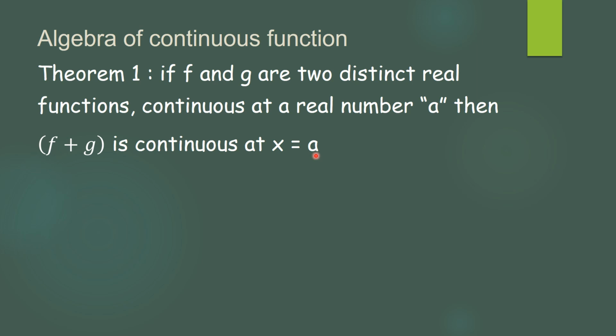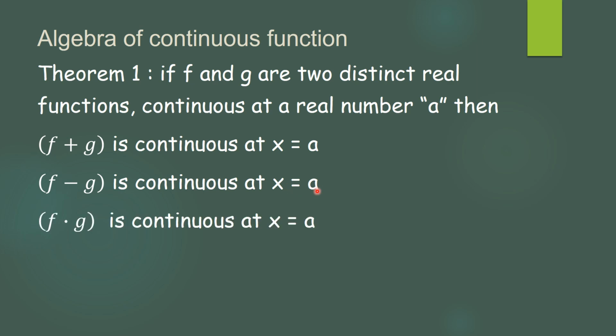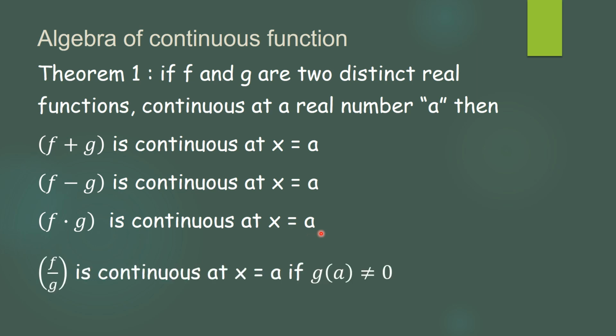F minus g is also continuous at x equal to a. F into g is also continuous at x equal to a, and f upon g is also continuous at x equal to a if g of a is not 0, because if g of a becomes 0, we cannot define the function.